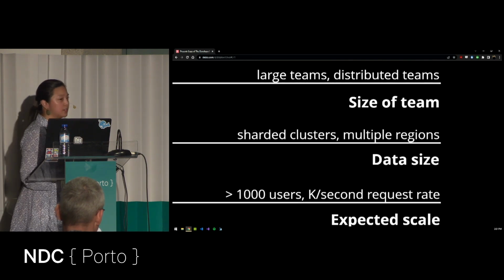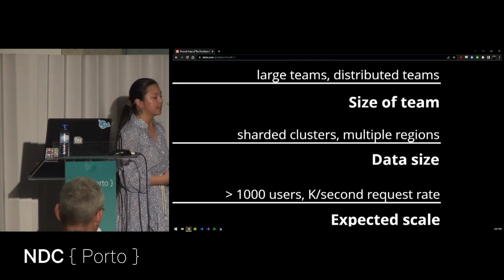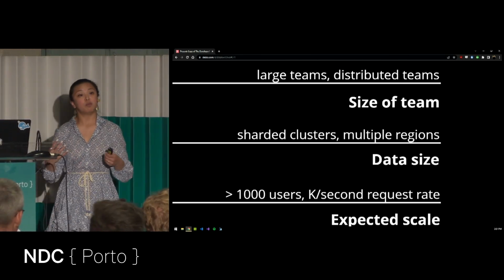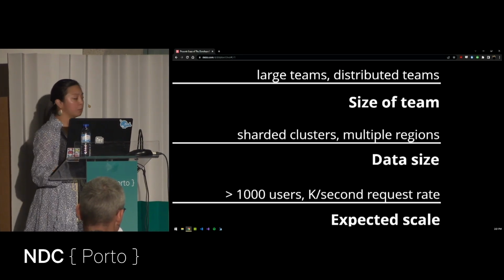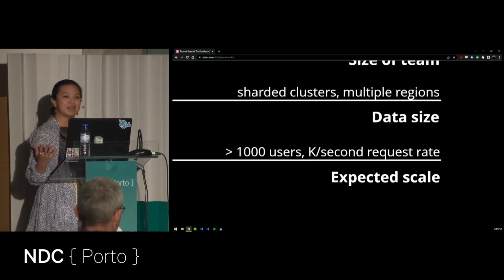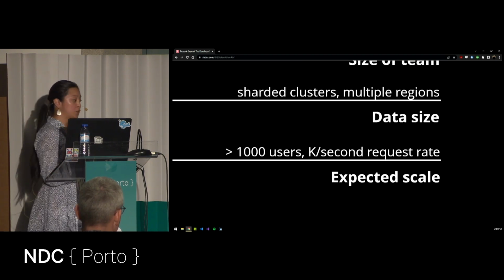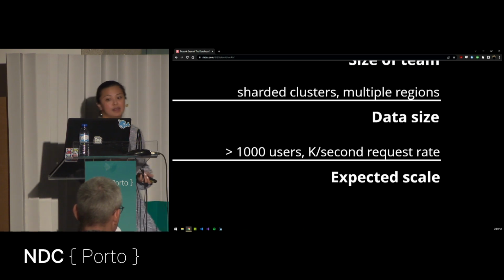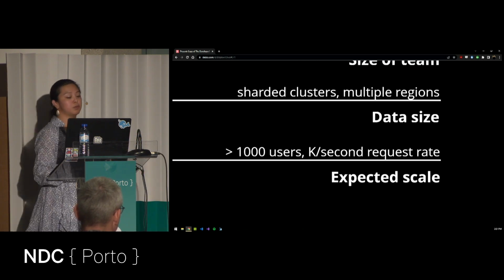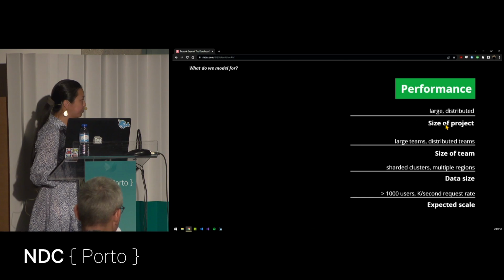If you have sharded clusters, or if you're dealing with multiple regions, again, the larger your data size, the more likely you're going to need a data model that is designed for performance. And if you have an expected scale that is reaching multiple thousands of requests per second or petabytes of data, then performance is something that you would probably want to model for.